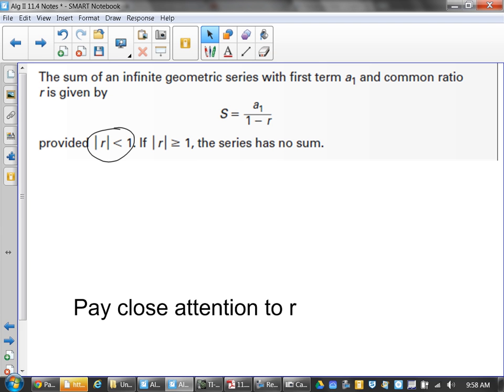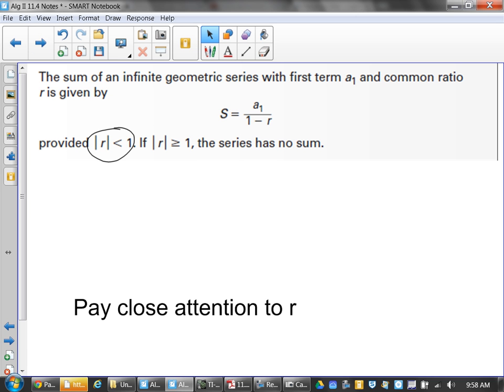It can't be 3 halves because that's more than 1. As long as the absolute value of r is less than 1, this works. To sum an infinite series, notice there's no n value there because it's implied that the sum is infinite. The sum of an infinite series is just the first term over 1 minus the r value. It's very easy to work with.